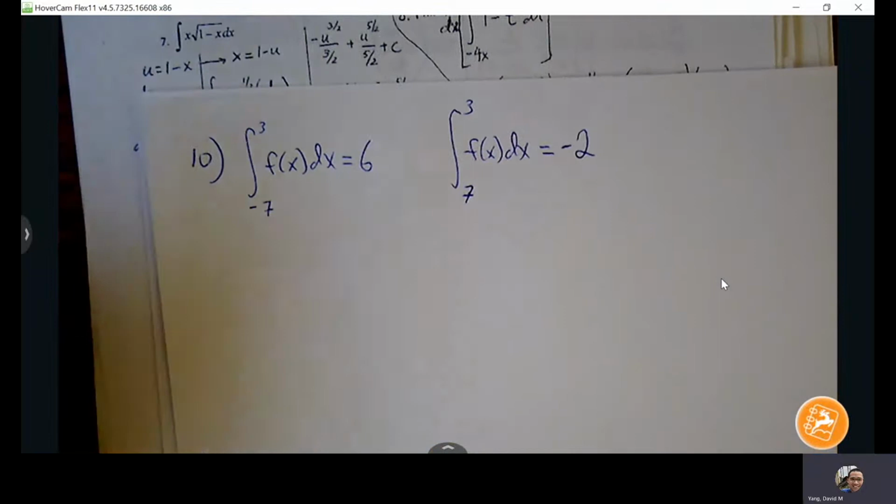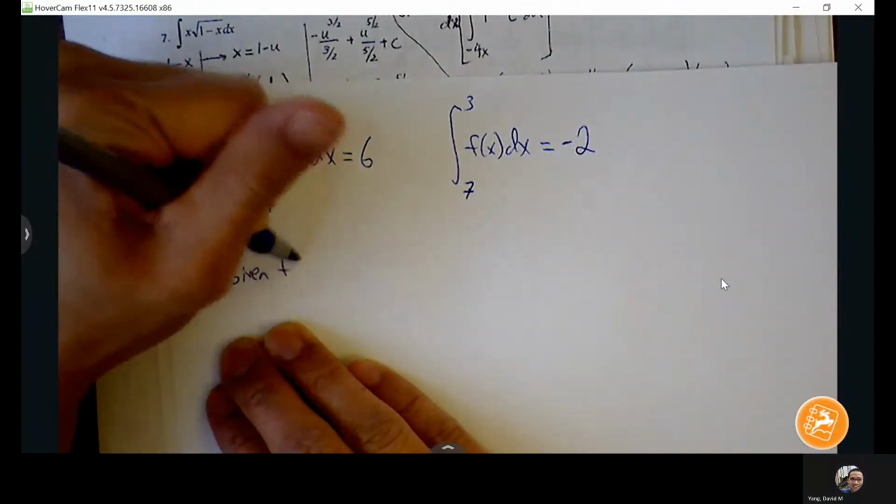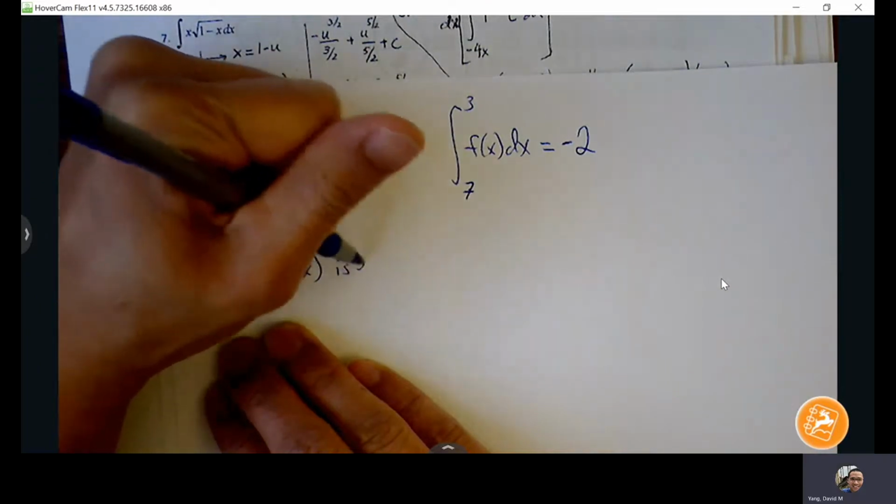Okay, so let's say those are the given properties here, and for part A, given f of x is even.